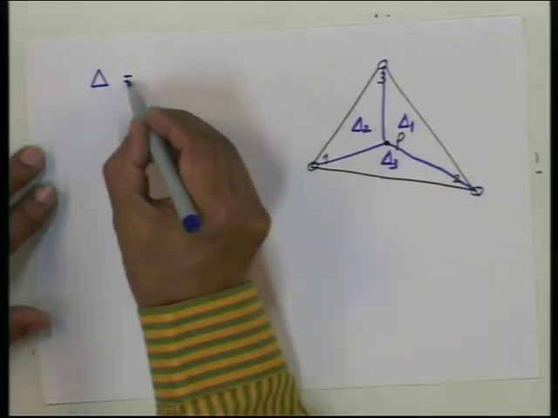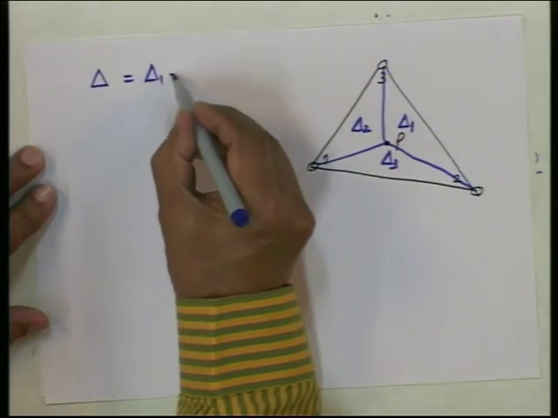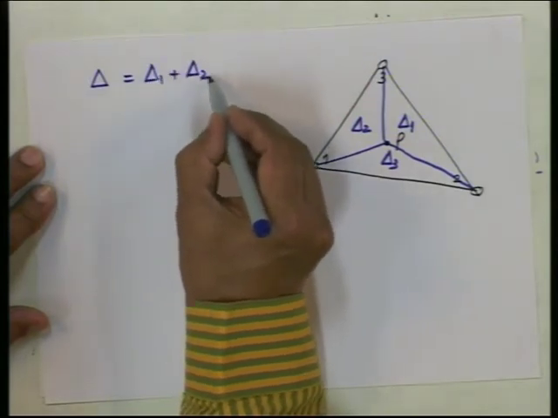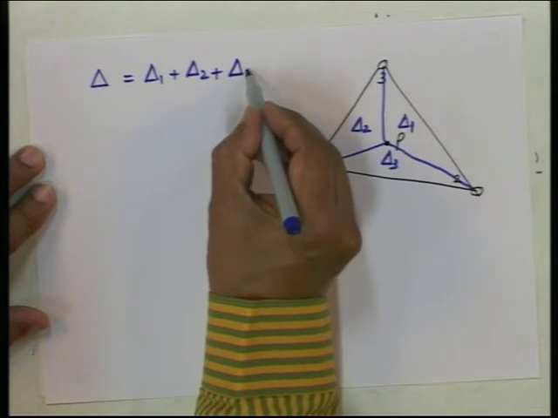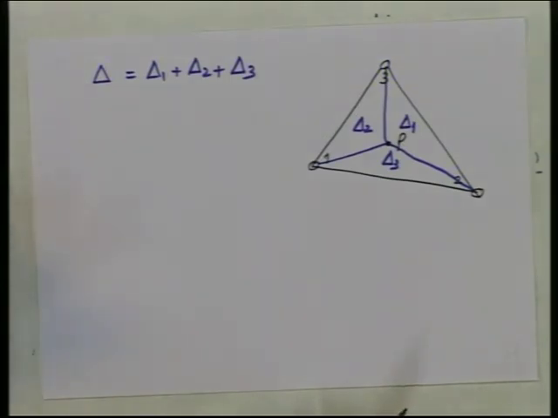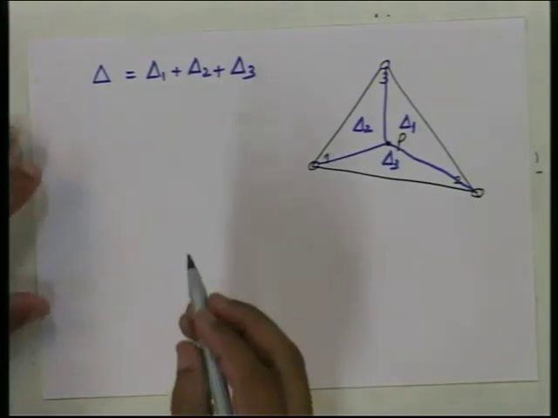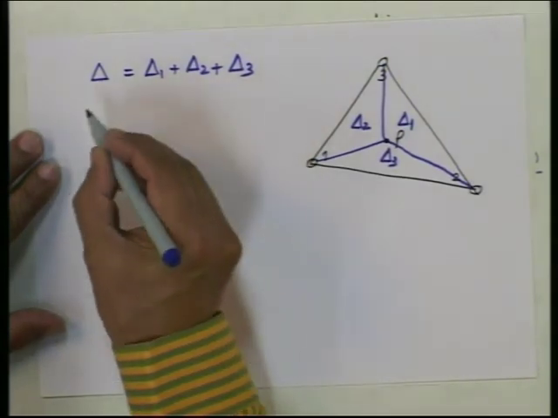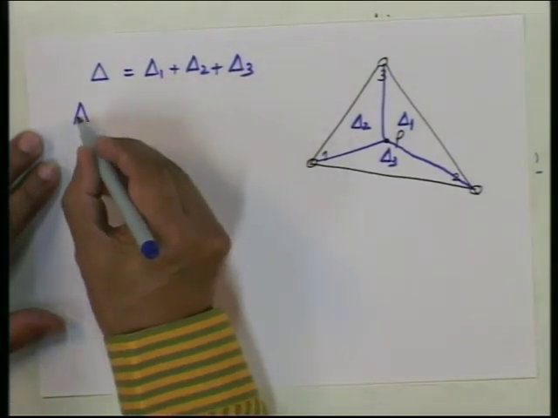So del is equal to del 1 plus del 2 plus del 3. Now we have got three sub areas, and from here we develop the concept of area coordinate.